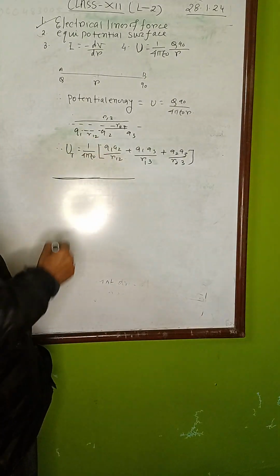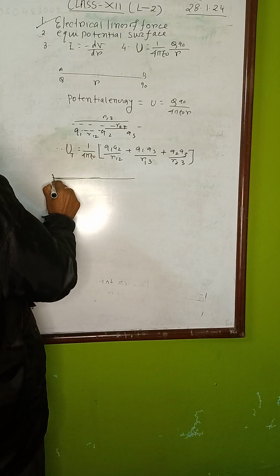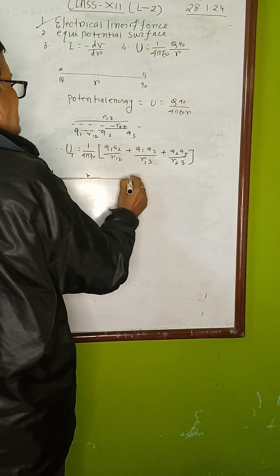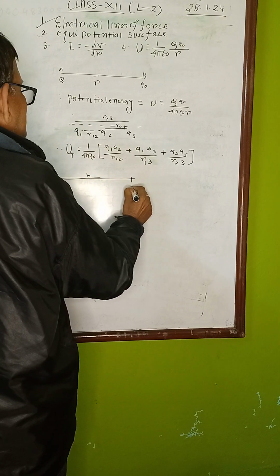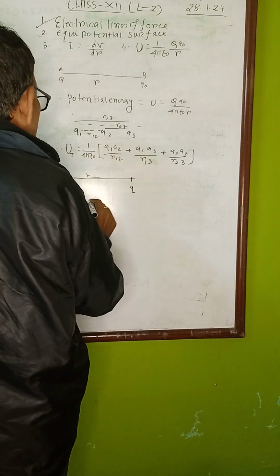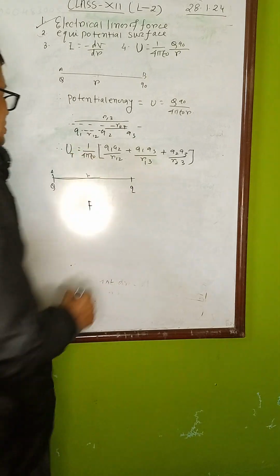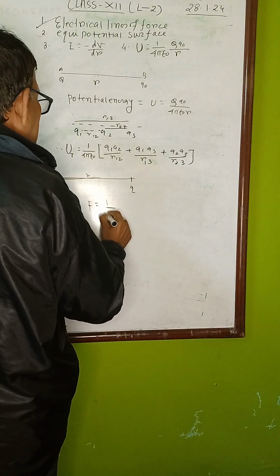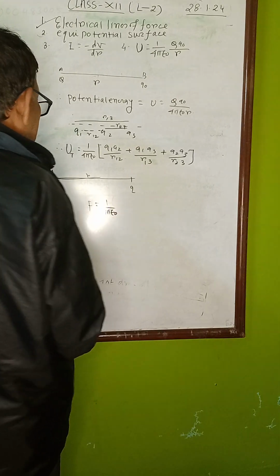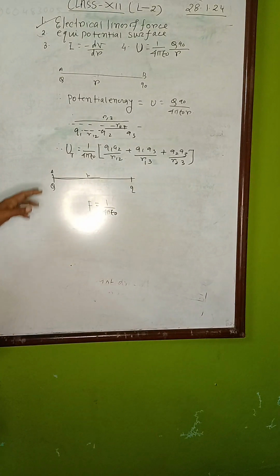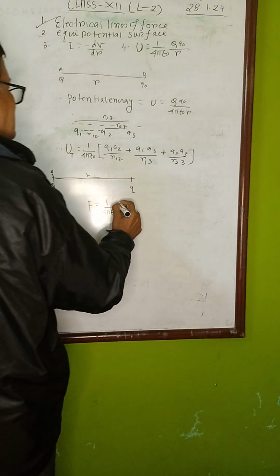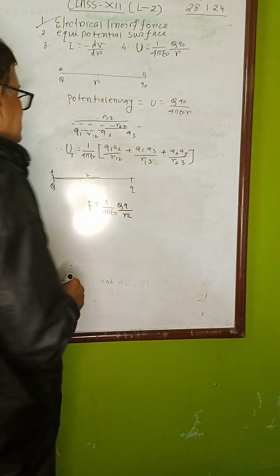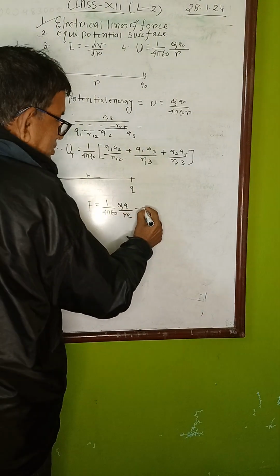the potential energy formula is obtained. Suppose Q is the charge at the point A, and at a distance R there is another charge small q. Coulomb force F equals 1 by 4 pi epsilon naught, product of the charges by R square. This is the Coulomb force.